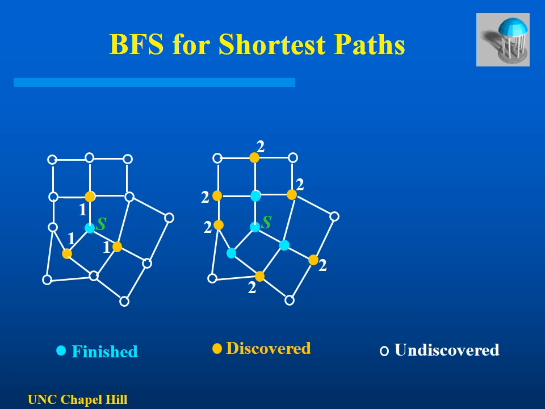So at this point, the queue has 5 things on it. The 3 above S, and these 2 in addition. And likewise, we mark the arcs as tree arcs.